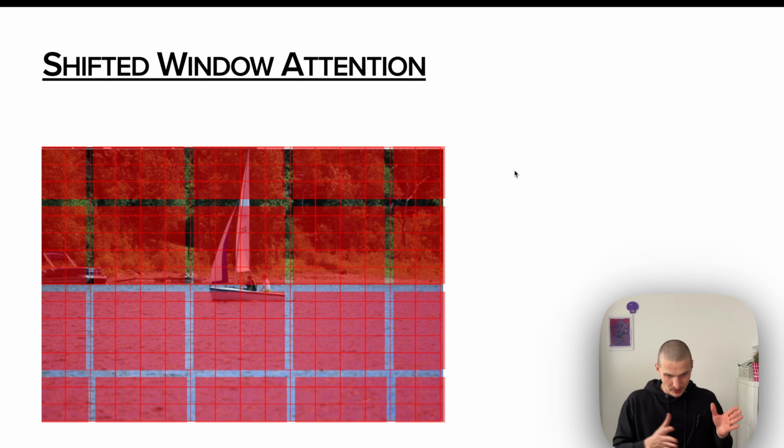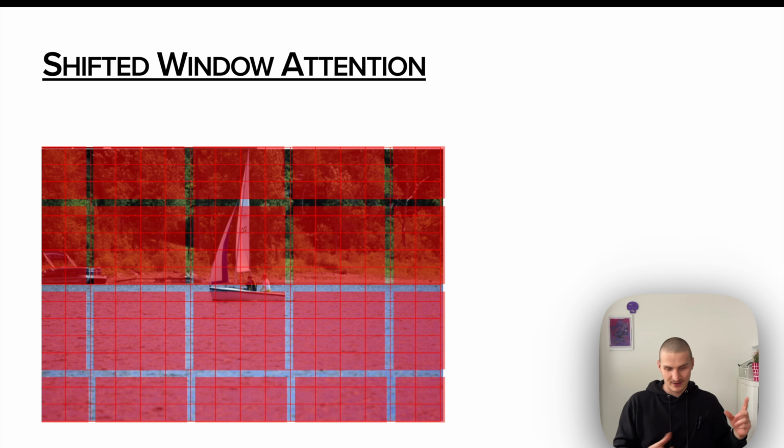On top of that, we perform this computation layer by layer, and every second layer we shift our windows half a period to the right and down. So if the first window was here, now the next one is shifted a little bit to the right and down, and we do that for every window. And that basically solves two problems.